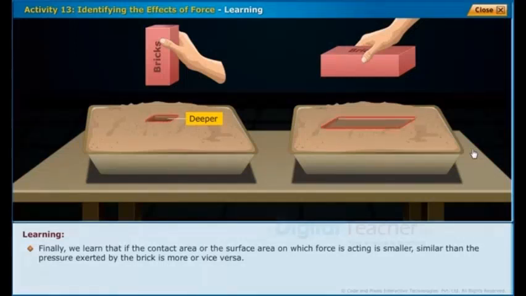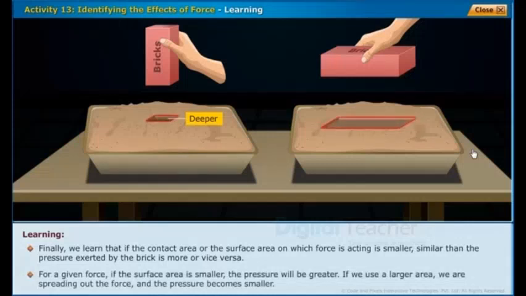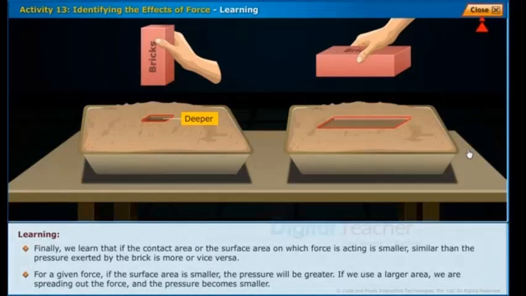We learn that if the contact area or the surface area on which force is acting is smaller, then the pressure exerted by the brick is more, or vice versa. For a given force, if the surface area is smaller, the pressure will be greater. If we use a larger area, we are spreading out the force and the pressure becomes smaller.